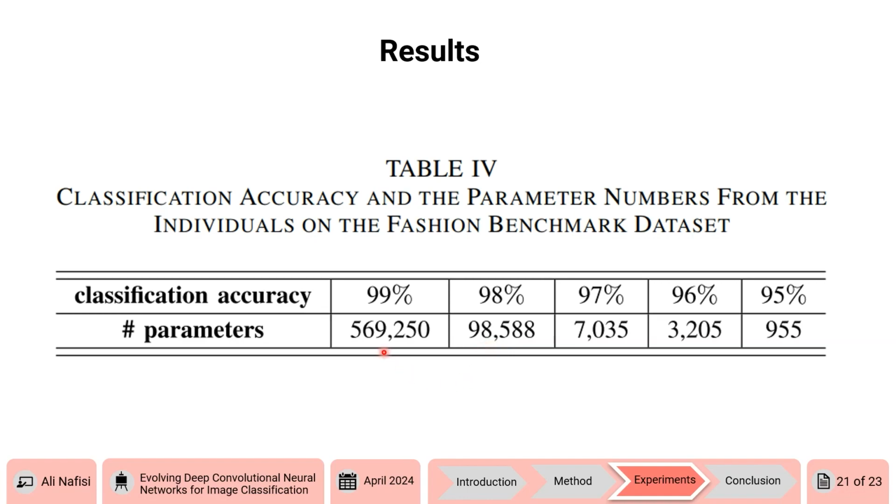So if you just want to reduce the parameter number a lot, you can see this one here. Its classification accuracy is reduced by 4% compared to this one, but it has less than 1,000 parameters, and that's amazing. Each one of these solutions can be valuable for us based on what we are trying to do.